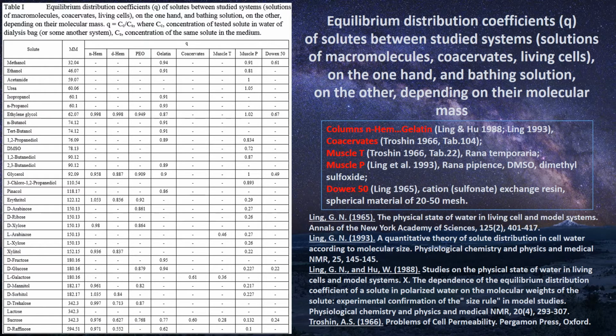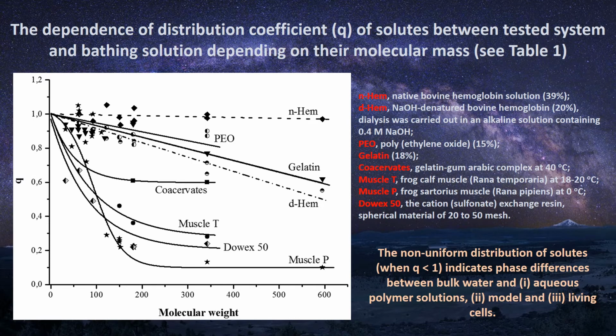This slide provides a summary table of data that I collected from various sources, but a more visual representation of the data we will get on the next slide. This figure shows the dependence of the solute distribution coefficients on their molecular weight in different systems.